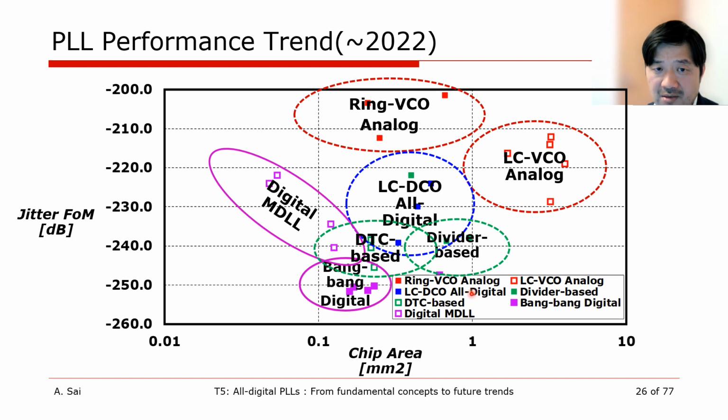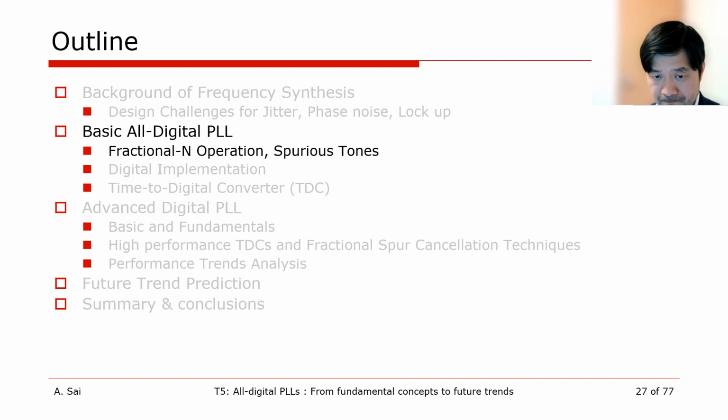While unraveling those flows, we will explain the principle of operation as simply as possible. Next section, we will focus on basic digital PLL. First of all, we need to know what is fractional N operation and fractional spurs.